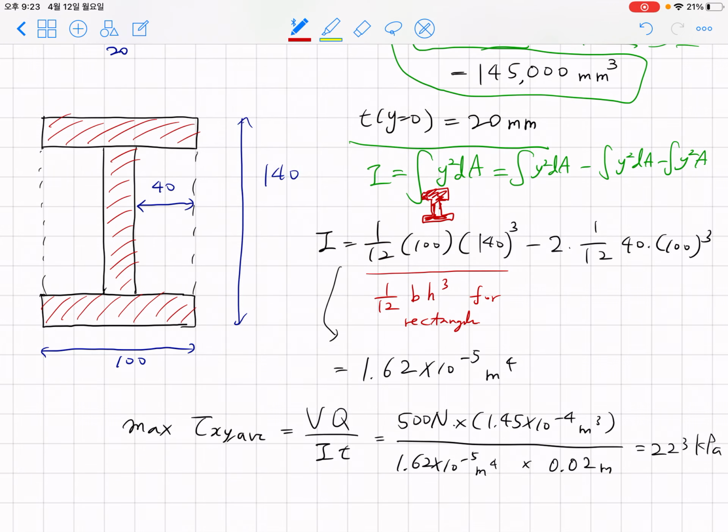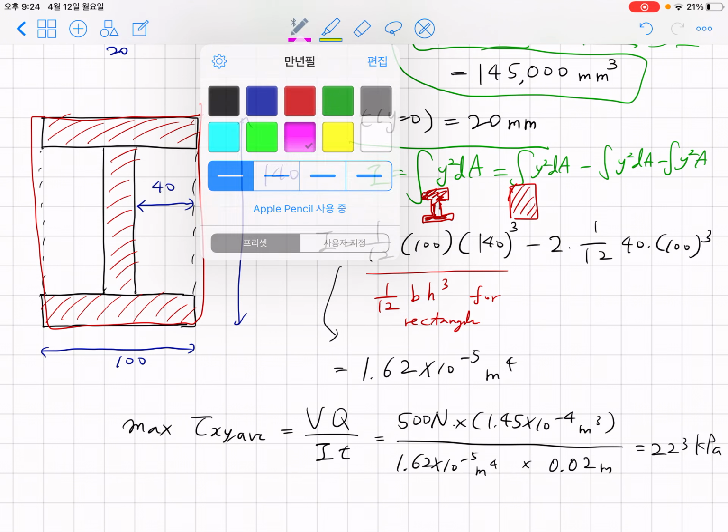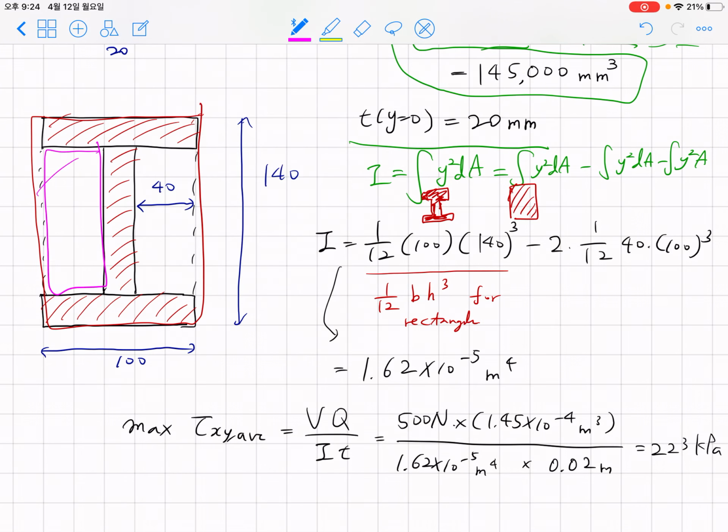First piece is you consider the entire big rectangular shape like this. Now you take this little purple piece here and purple piece here. Of course, the centroid position is halfway through.